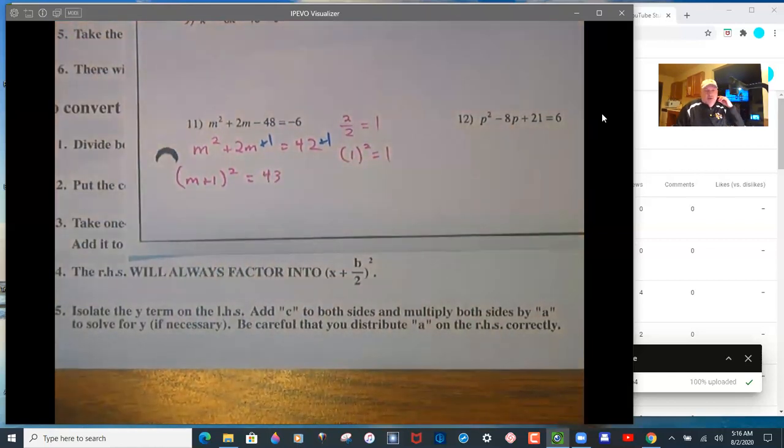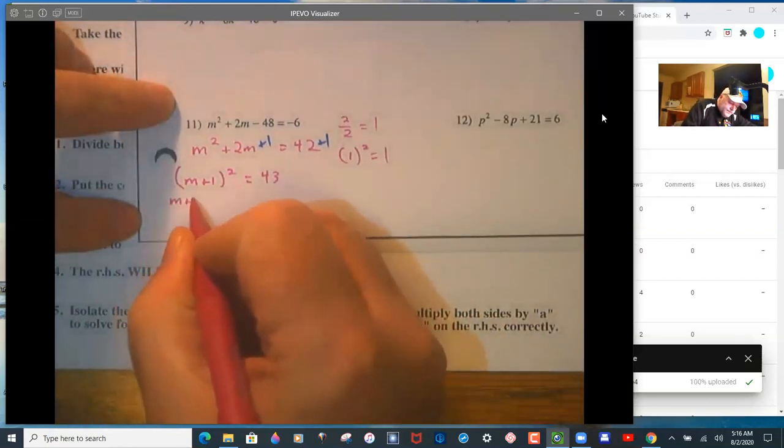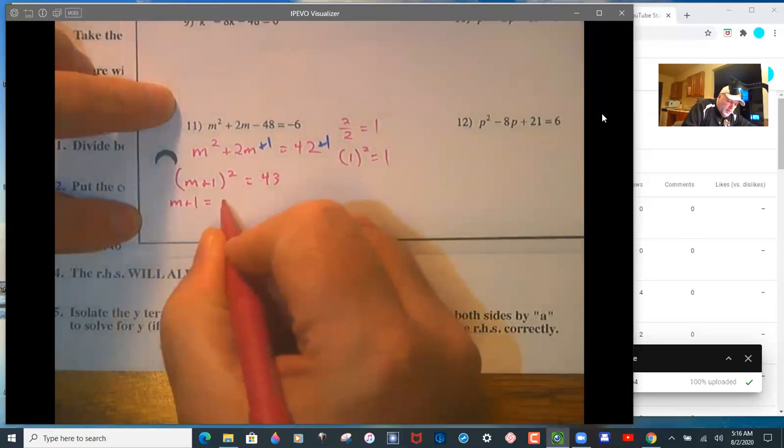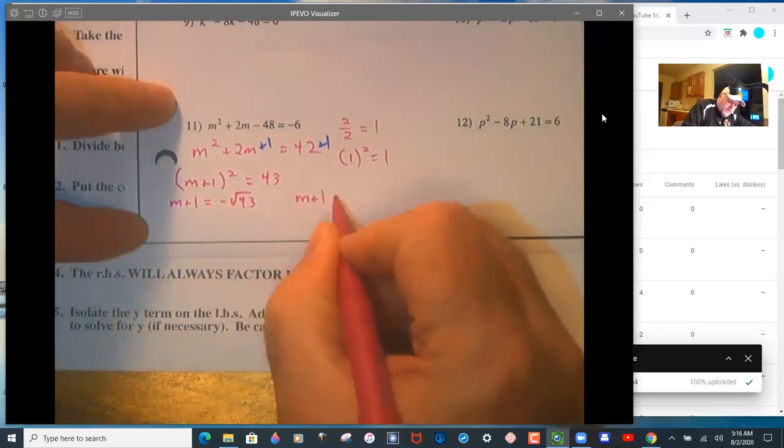Now here's the weird thing. 43 does not square root very well, so we're going to get, I talked about this before, when we used our zero finder, we got those long decimals, we called those irrational roots. That's what's going to happen here. And so I'm just going to call it the square root of 43.